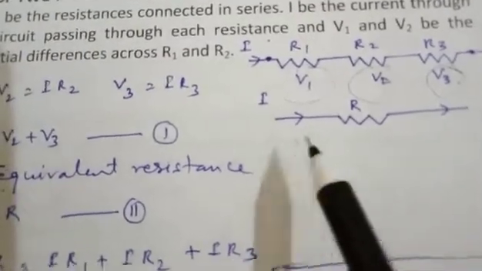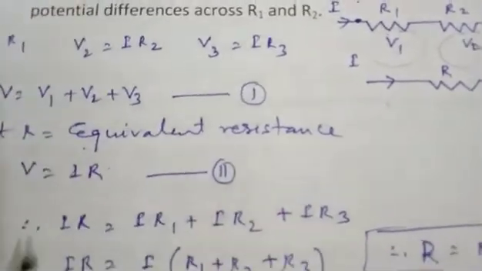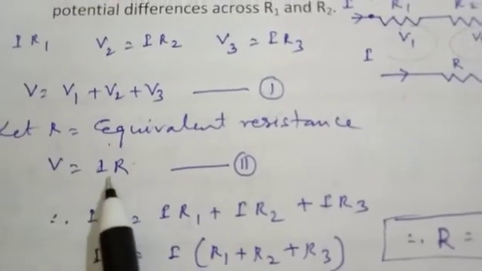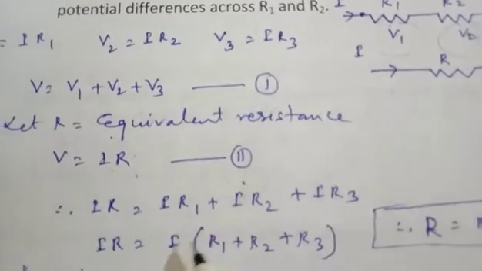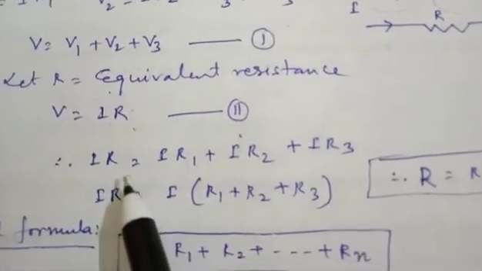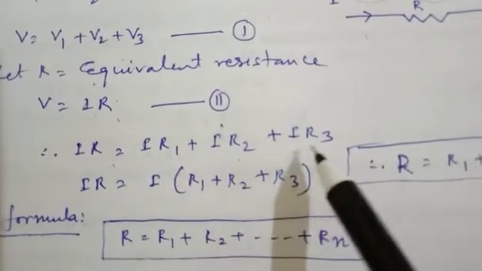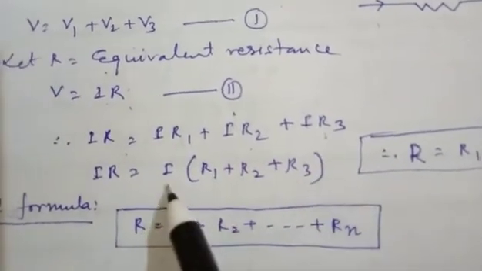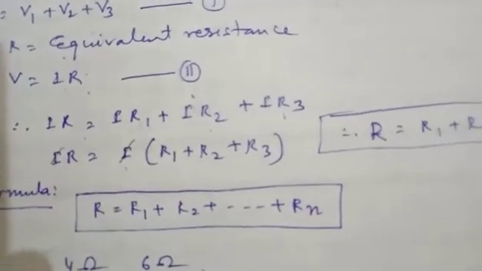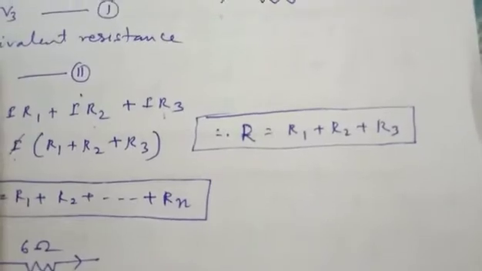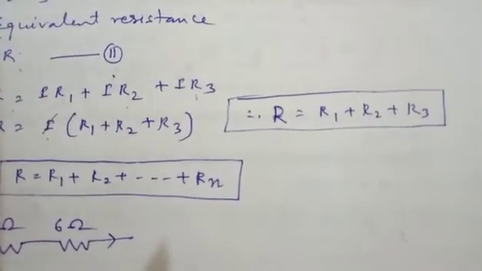Then the total current I will be passing through R, and on the basis of Ohm's law, I will have the formula V is equal to IR. Now from 1 and 2, equating both of them, I can see IR is equal to IR1 plus IR2 plus IR3. If I take I common, and if I cancel the I on both the sides, I will get the expression as R is equal to R1 plus R2 plus R3.